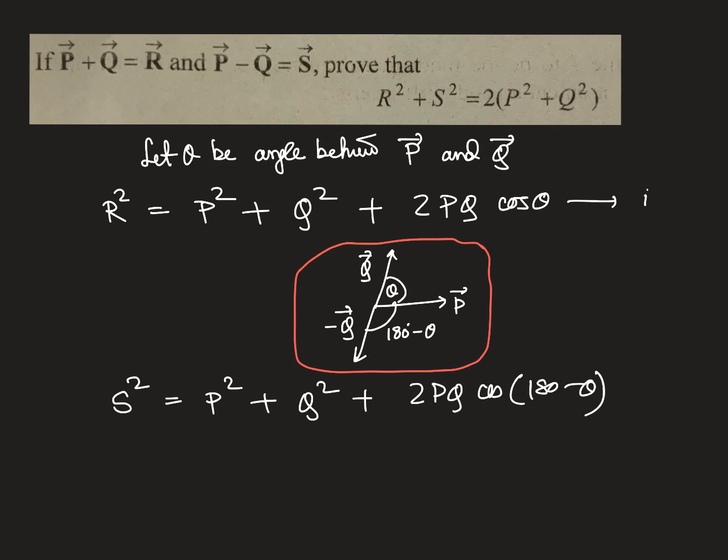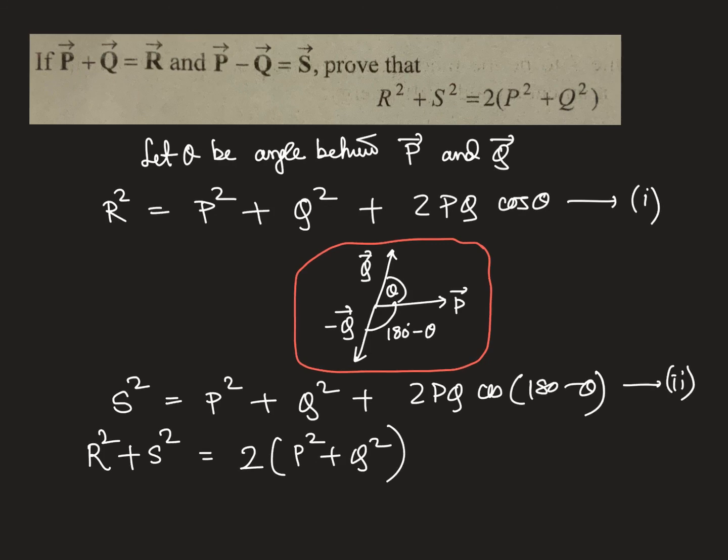If we have these equations 1 and 2, then cos 180 minus theta is minus cos theta. So just add: R square plus S square is twice P square plus Q square, because that PQ cos theta and that PQ cos 180 minus theta will add up to give 0.